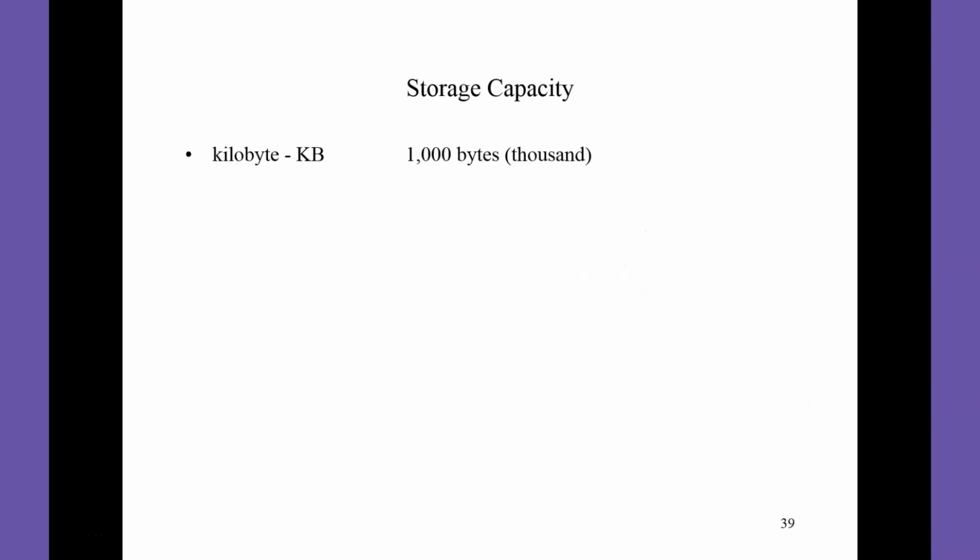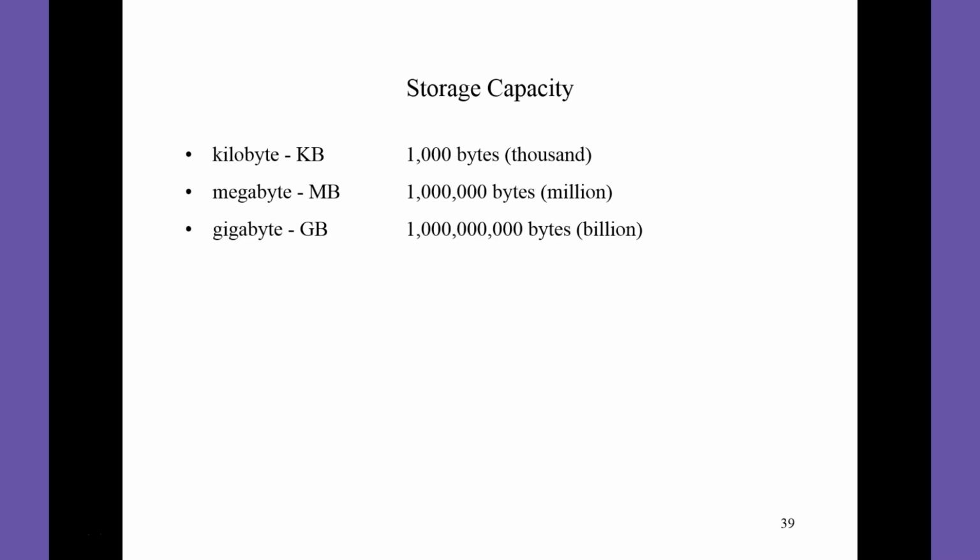We mentioned the huge quantity of data that is accumulated, hence the need for database. Let's talk about a couple terms that are used to describe these quantities of data. Kilobyte, approximately 1,000 bytes. Megabyte, approximately 1 million bytes. Gigabyte, 1 billion.